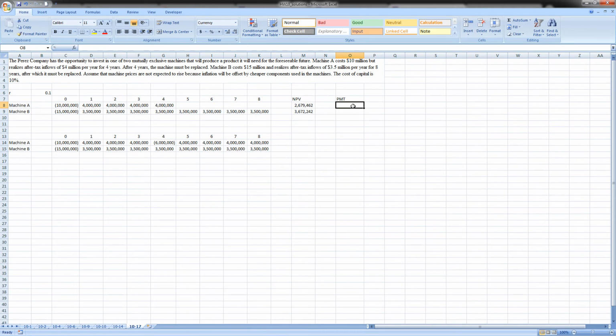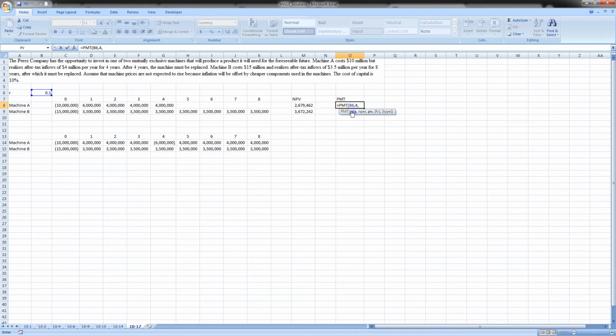We then figure out the annuity payment that would give us this NPV over a 4-year period. Then we figure out the payment for an annuity that would give us this NPV over an 8-year period. So use the payment function. Machine A is for 4 years.